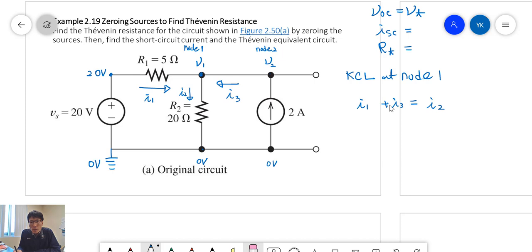I3 was given as 2 amps, so 2 amps coming in, so I1 plus 2 equals I2.